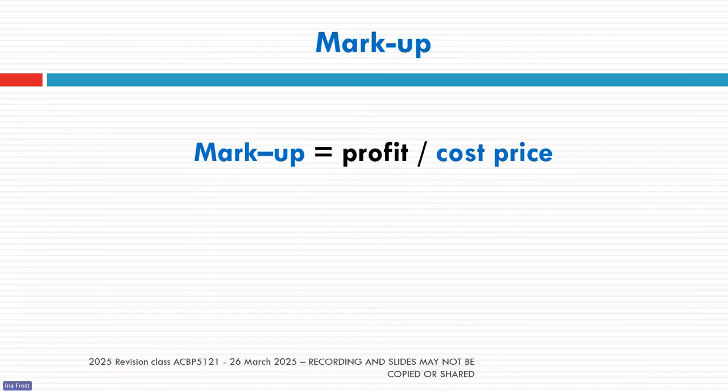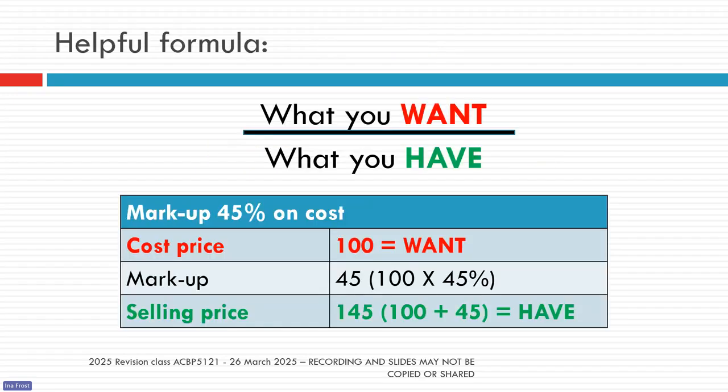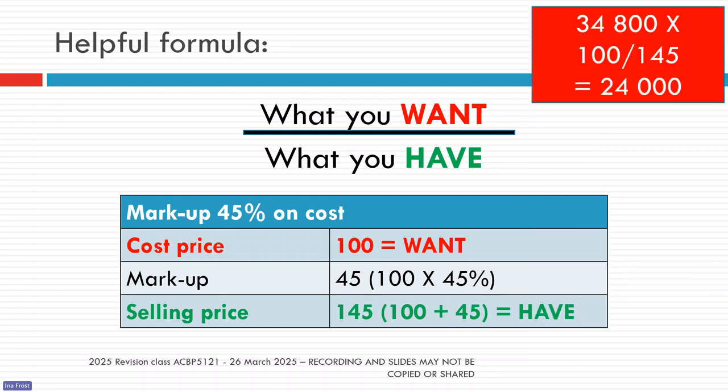As we said, for a markup we're talking about profit over cost price. And again, you can use your what-we-want-over-what-we-have formulas. I gave you a selling price of 34,800 rands and I wanted you to work out the cost price. So I want you to work out the 100. I gave you the selling price, which is the cost plus the markup, which is the 145.